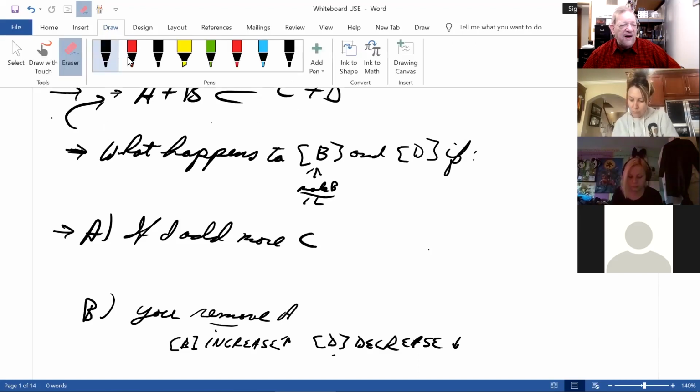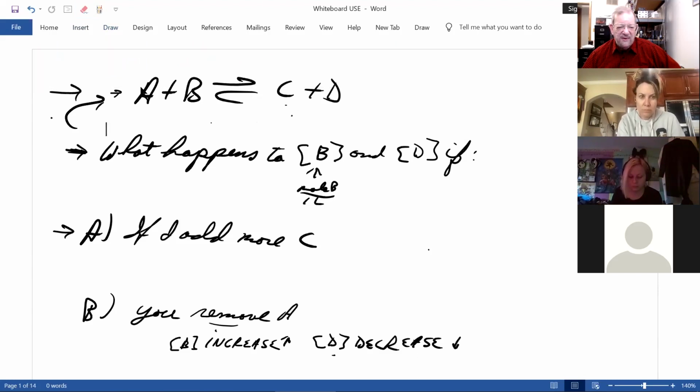Now, when I add more C, at equilibrium, there was a certain amount of C. Now there's more, too much. And it's under stress and says, woe is me. Or I could do an oy vey too, and says, I've got too much C. How do I get rid of it? There's only one way you can get rid of it. It can be consumed by being in a reaction.